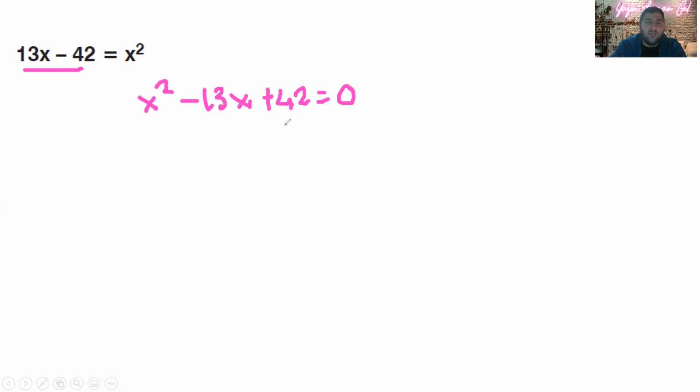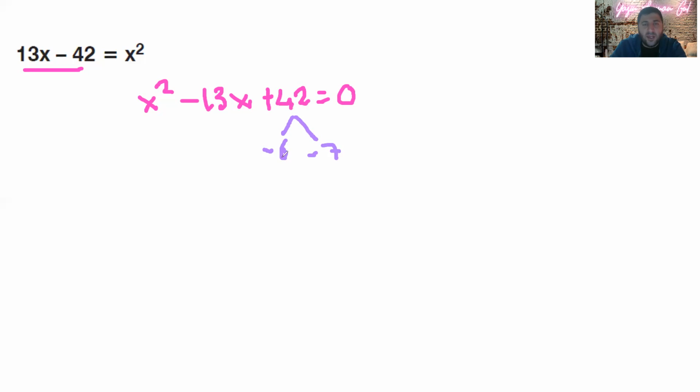So I am basically looking for the factors of 42 that, when I add them together, must give me negative 13. Those factors are obviously negative 6 and negative 7. Why?